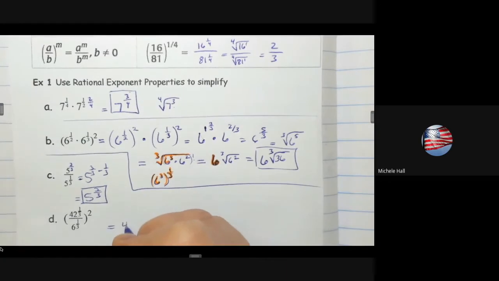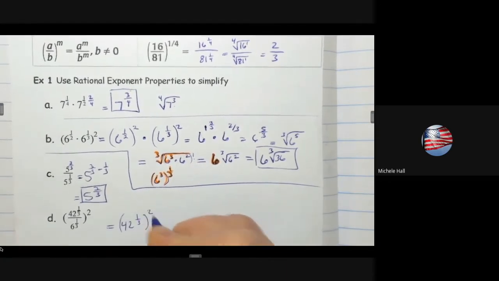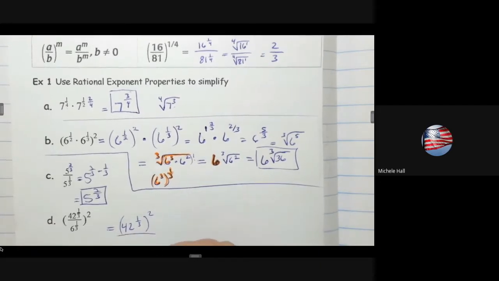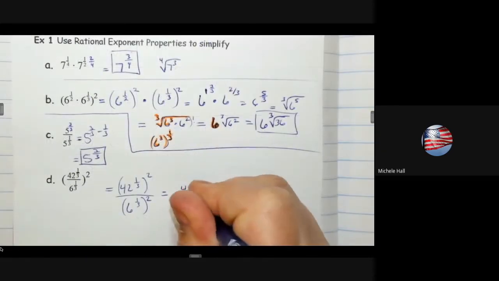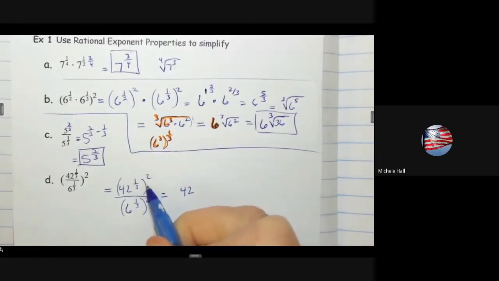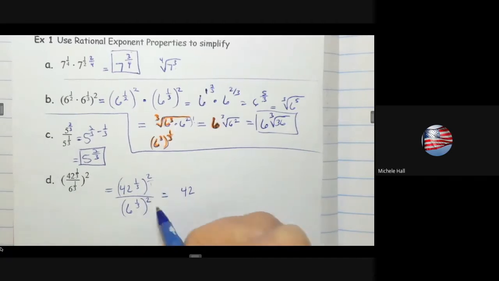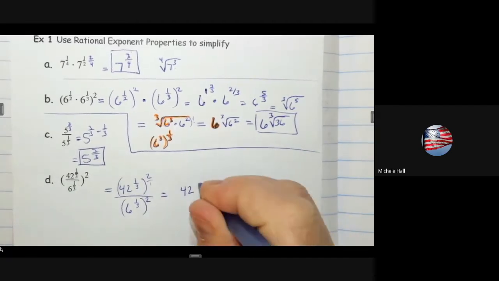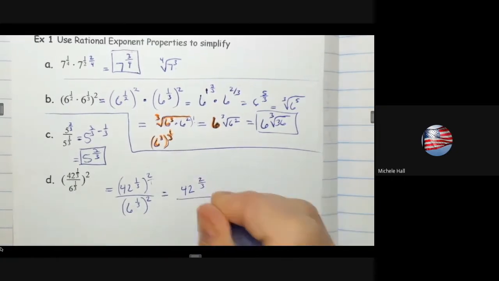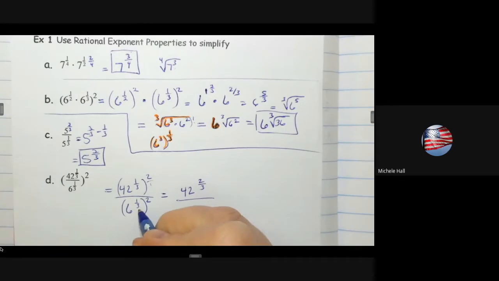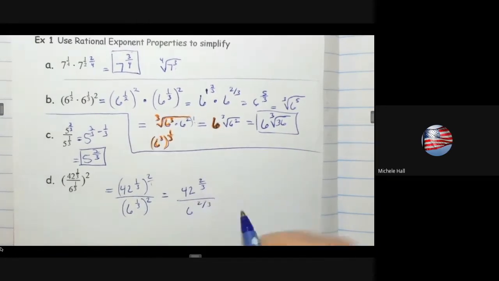So we have 42 to the 1/3 being raised to the second power, divided by 6 to the 1/3 being raised to the second power. 42, power to a power, we're going to multiply those exponents. 1/3 times 2 is 2/3. 6 to the 2/3.